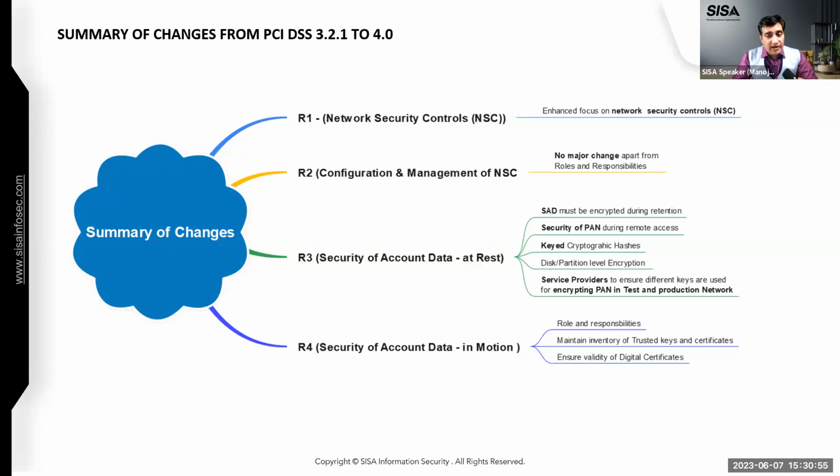Okay. Next requirement is on the disk partition level encryption. So many of you say, it's good, right? We have the partition level encryption. What is bad in that? There's nothing bad in that, but the requirement is, if you have an external device and you are encrypting the entire hard drive with your encryption, that is good. There's no problem with that. But if you're encrypting your internal hard drive, which is connected with your system, maybe it's your SAN, or it may be your NAS, or it may be your internal hard drive as well.